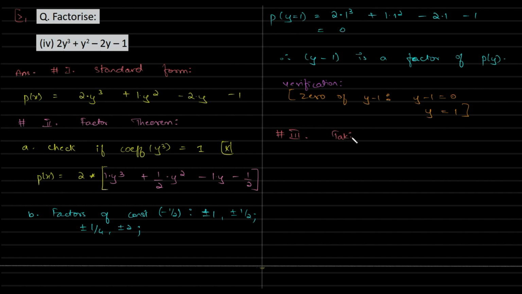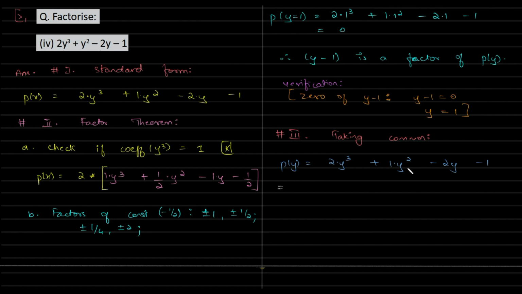Okay. So next step is taking common. So we have p of y, going back to this expression itself. Again, if you can't do this, do your division. Plus 1y square minus 2y minus 1. So we have to take common y minus 1 from all of these terms.